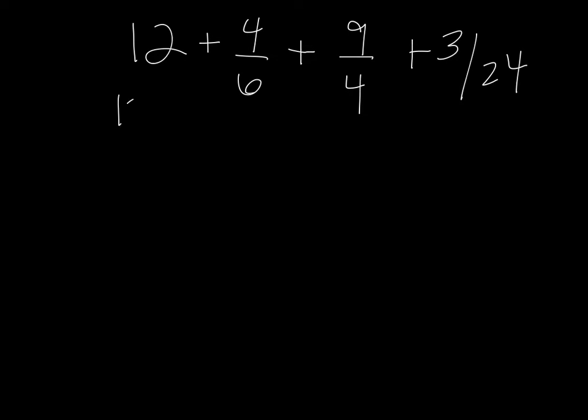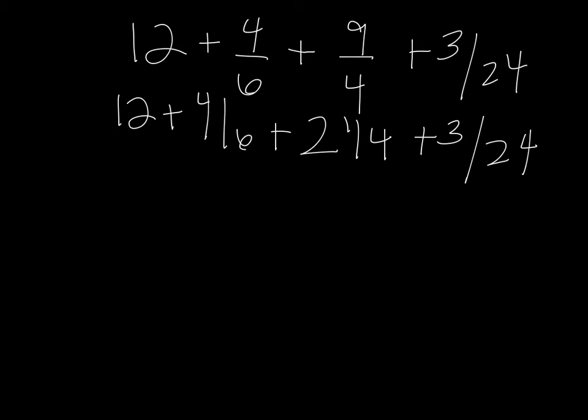So that's going to be 12 plus 4/6 plus 2 1/4 plus 3/24. And again, like in the first strategy, when adding fractions, I need to find a common denominator. Looking at my denominators, 6, 4, and 24, I know that 24 is a common denominator. So I'm going to go ahead and convert all of my fractions to have a denominator of 24.